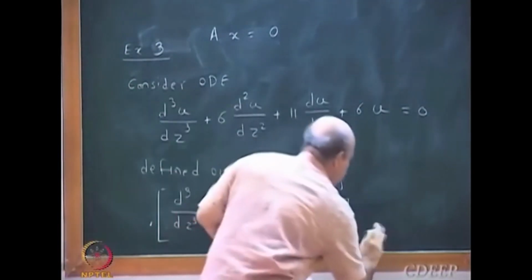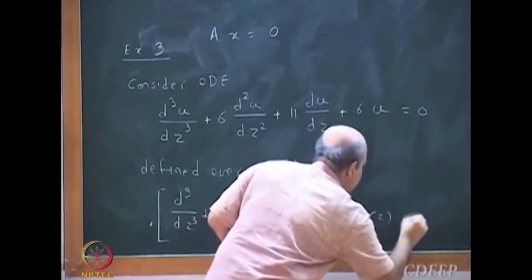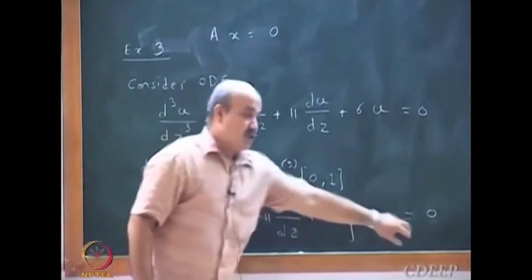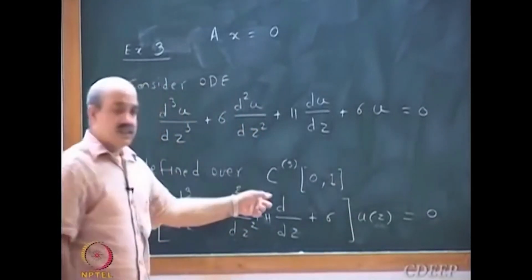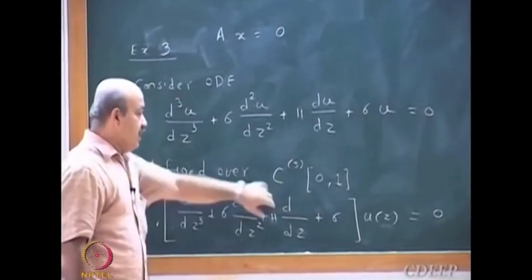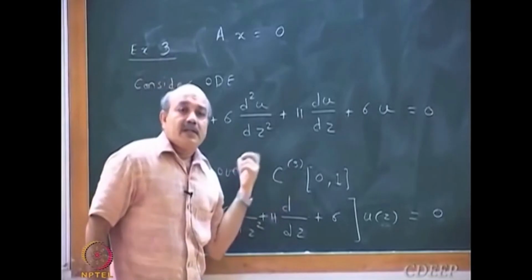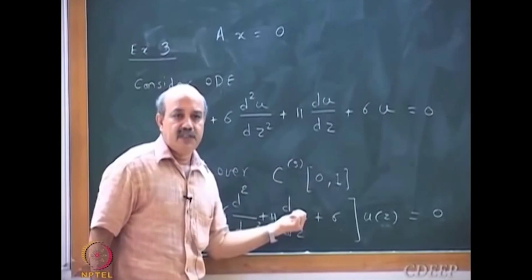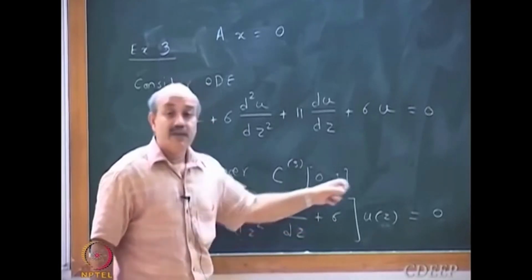This operator operating on u(z) is equal to 0. Actually 0 is the 0 vector in this space. What is this funny space? I have not talked about it earlier. This is the set of thrice differentiable continuous functions on interval 0 to 1.